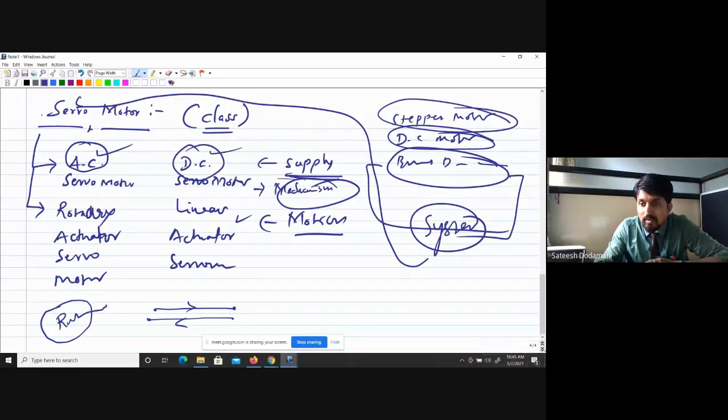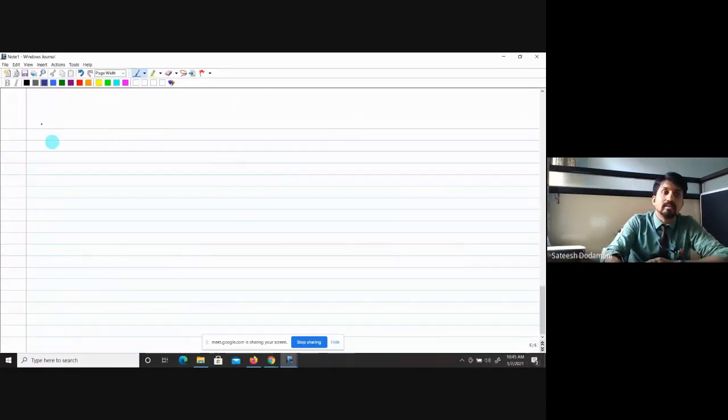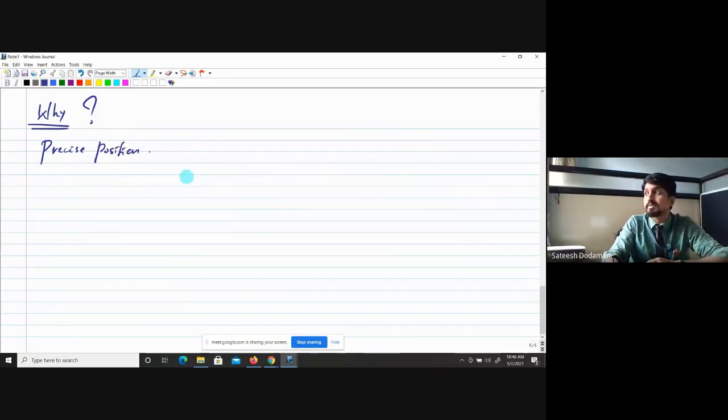Now, why is a servo motor required? Why do we prepare a servo motor? In the last class we told that a modification of the stepper motor is nothing but the servo motor. So here, very precise position control. That was also there in the stepper motor, but the feedback system was not there. Because of that, sometimes it misses the desired objectives. But here it will not happen.